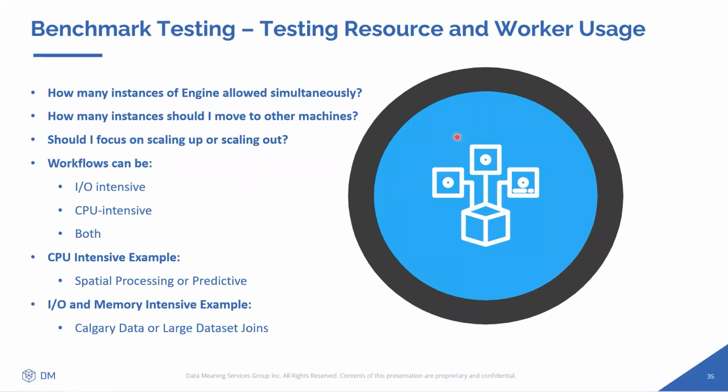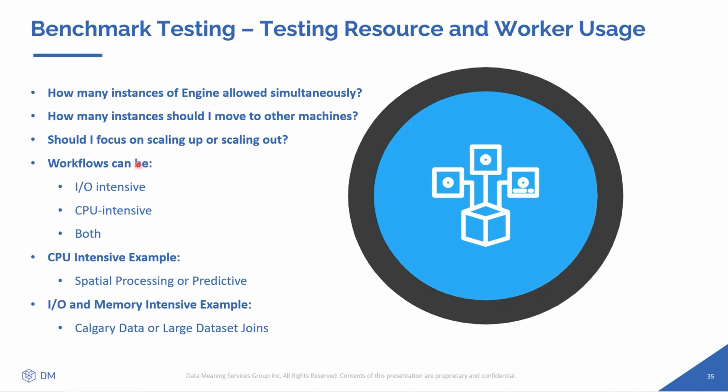What we're going to be testing here is how many instances of the engine are allowed simultaneously. Of course, I'm always saying here that we can run 2 workflows at the same time, but let's show you some results related to that. How many instances should I move to another machine?